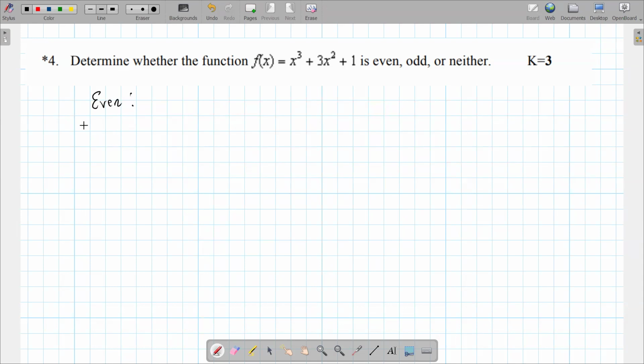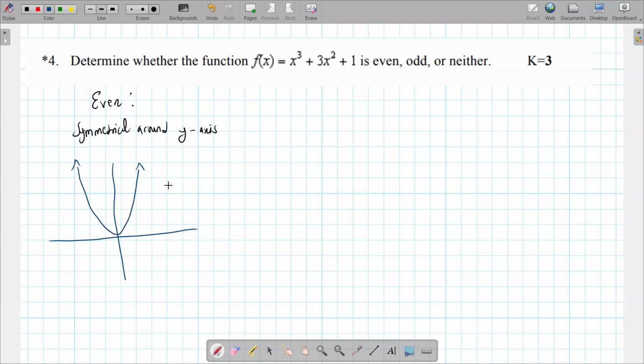An even function is something that's symmetrical around the y-axis. For example, x squared is an even function because whatever you have on the left side of the y-axis, you have the exact same thing on the right side.